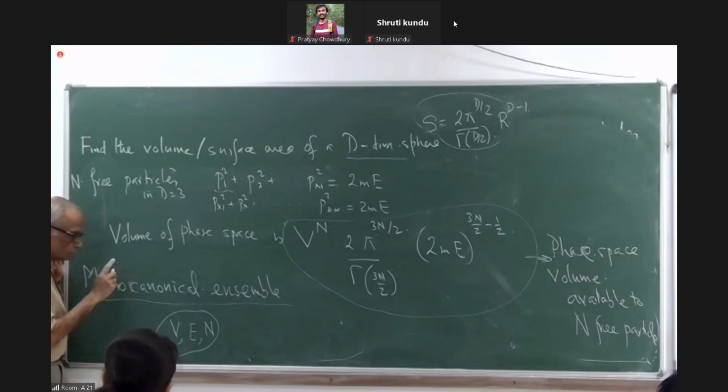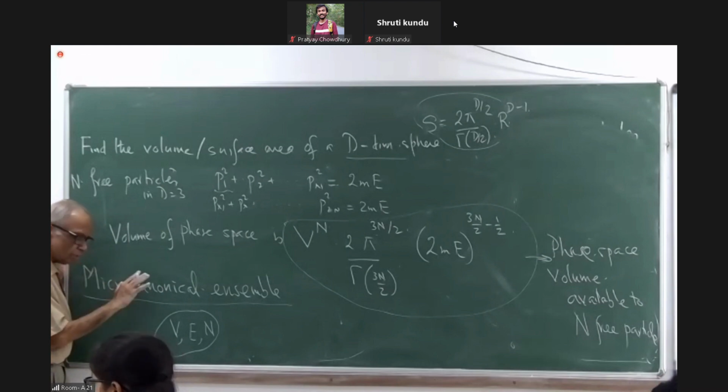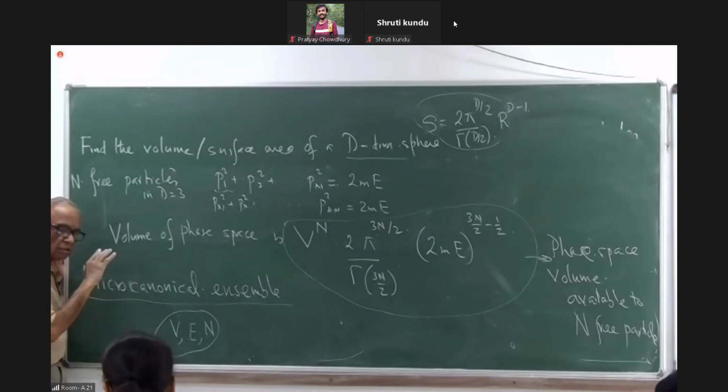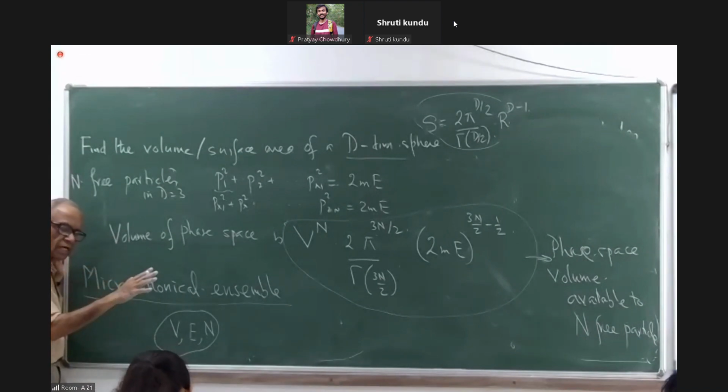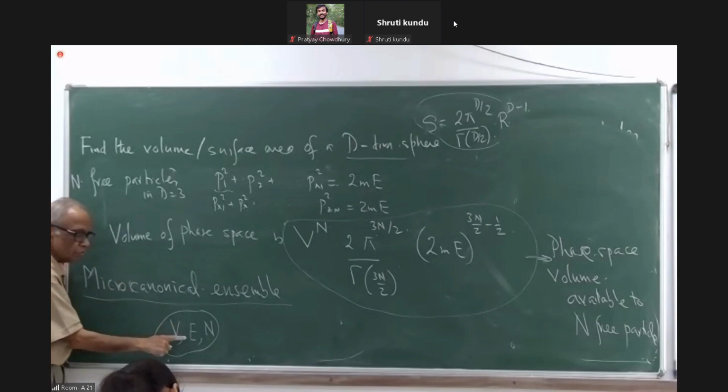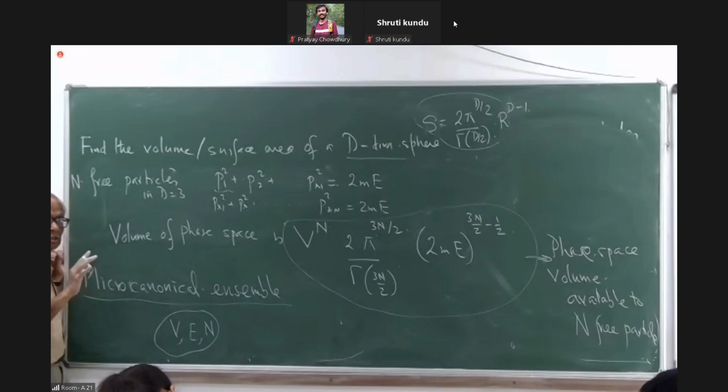So what this microcanonical ensemble means is that I have N particles, I have fixed the total energy, I have fixed the volume, and inside this box of volume V, N particles, they can be interacting or non-interacting, they move around with total energy E. Energy is fixed.